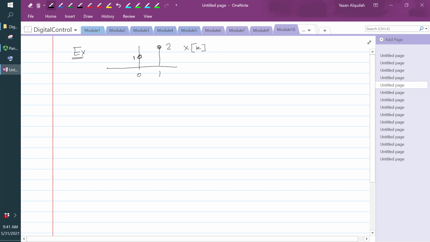Now if I calculate the Z transform for x of k, from the definition it is equal to the summation from k equals 0 to infinity of x of k z to negative k.